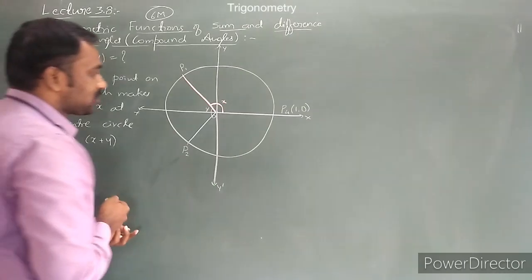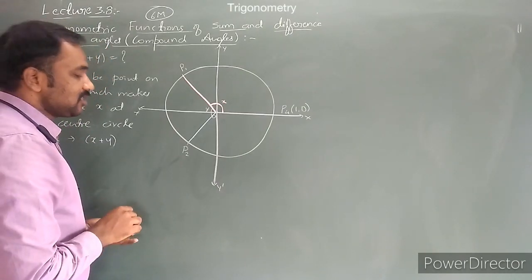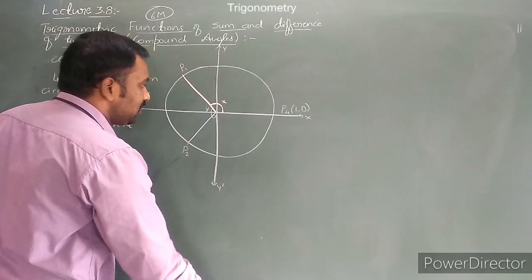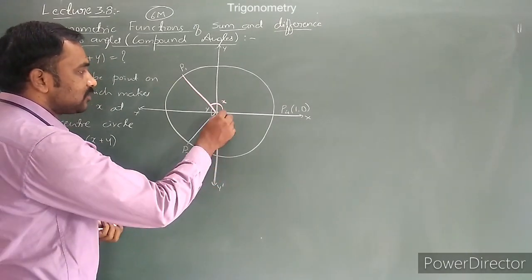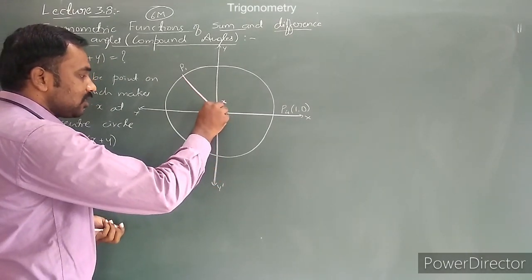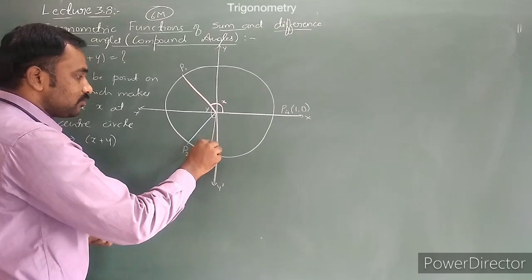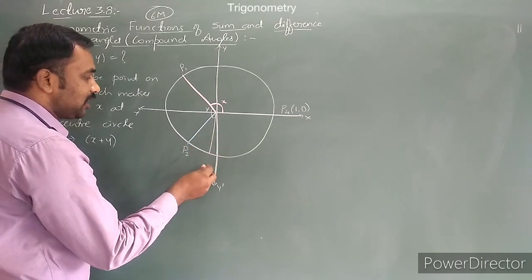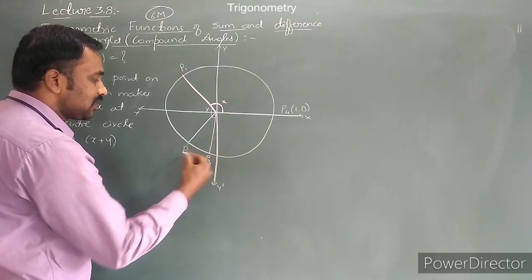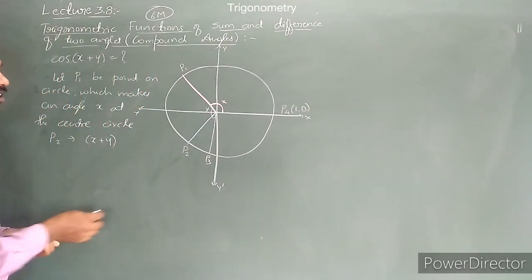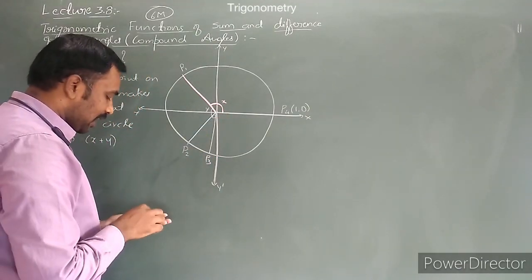Are you clear? Next, let P3 be the point which makes an angle y with the negative direction.